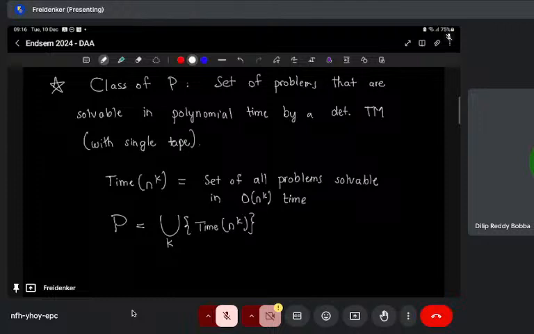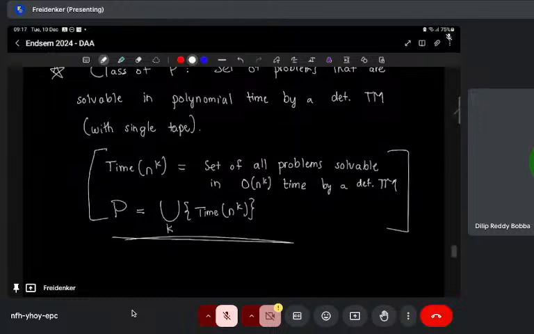Whatever problem is solvable in polynomial time, you just collect all of those and dump it in class of P. I should mention by a deterministic Turing machine. So this would make it class of P. It's just notation. I just rewrote something in words using mathematical notation, but that's fine. You should get the basic idea.